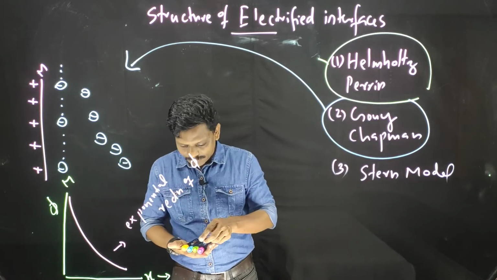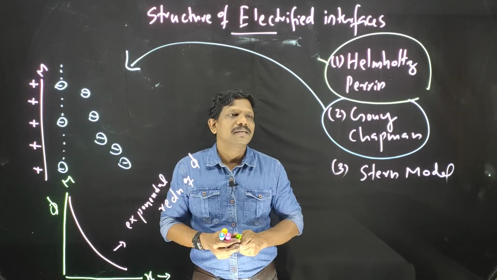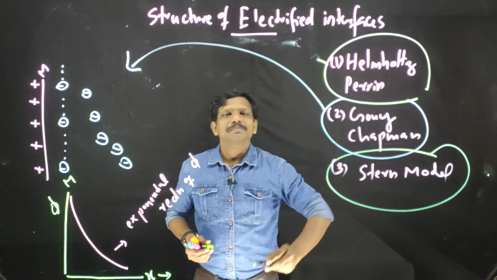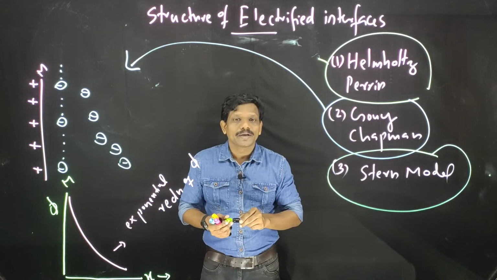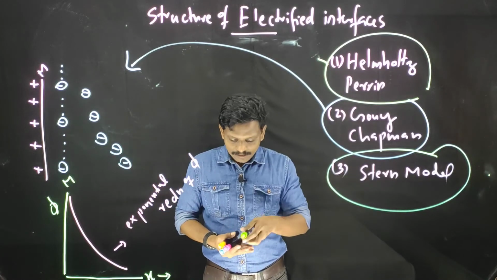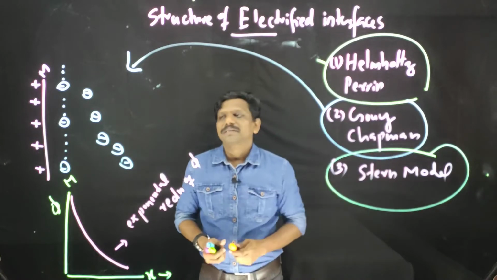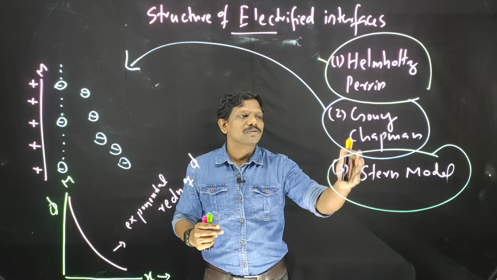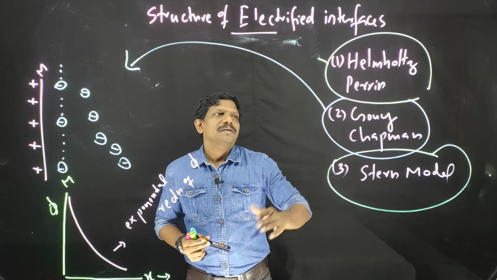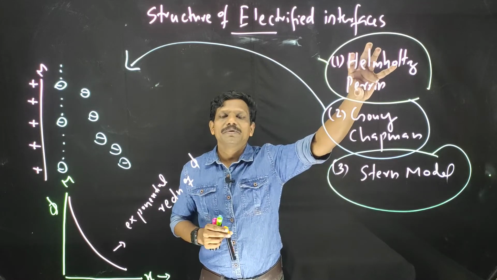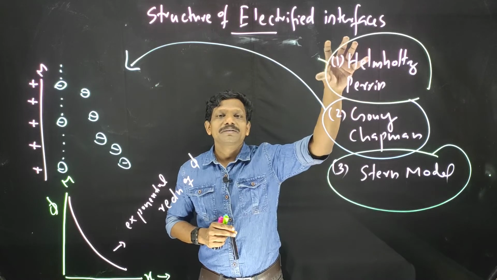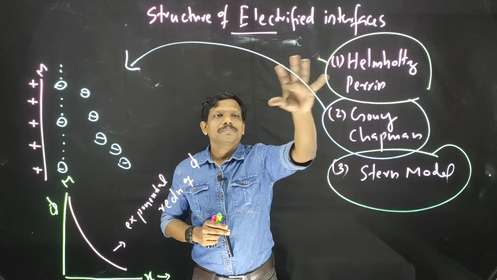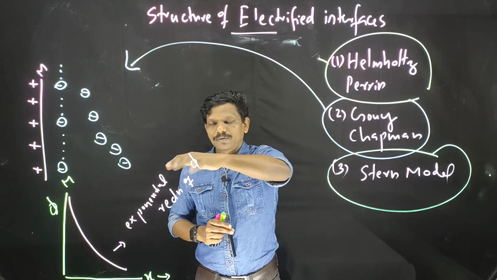Then let us see what the Stern model is. I told you that this is somewhat the most acceptable model of the electrified interfaces. The Stern model is actually a combination of Helmholtz-Perrin and Gouy Chapman. The Helmholtz-Perrin model is a very rigid model. I already drew the graph.